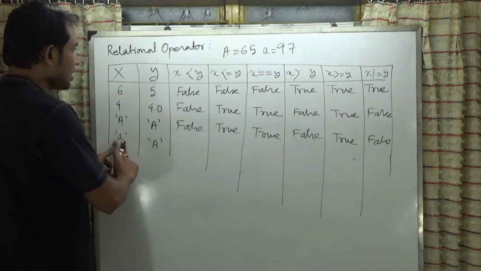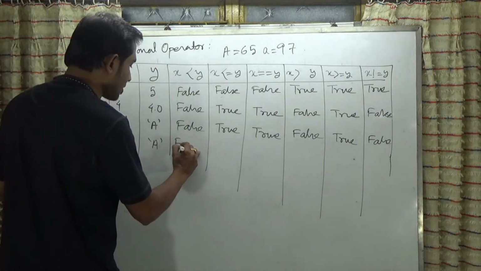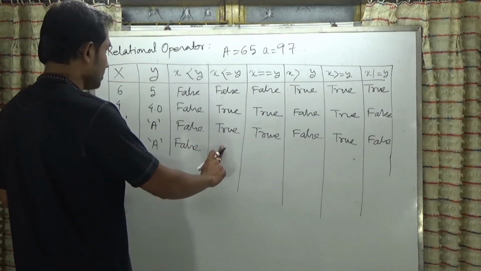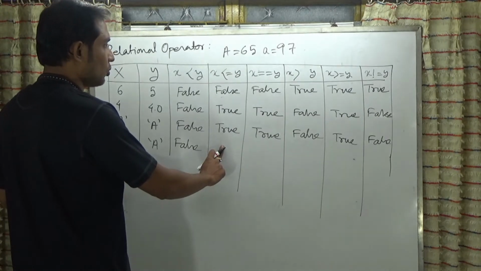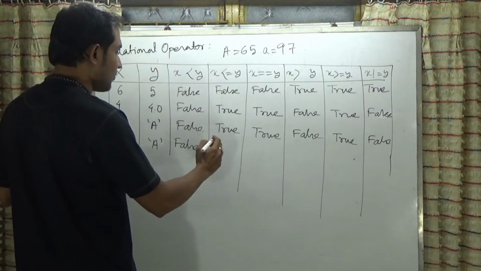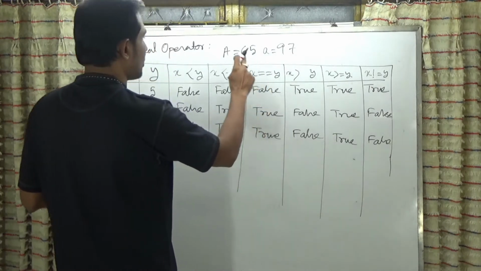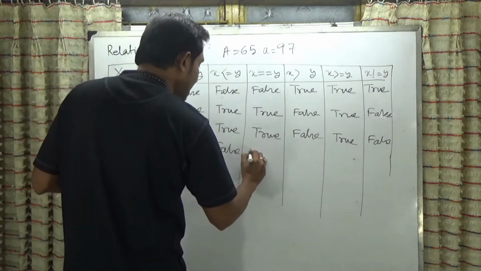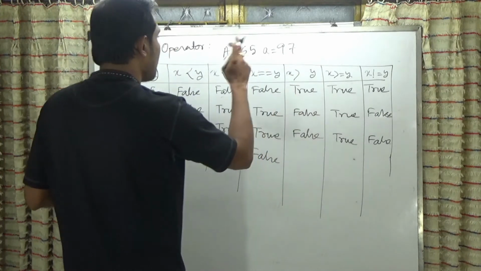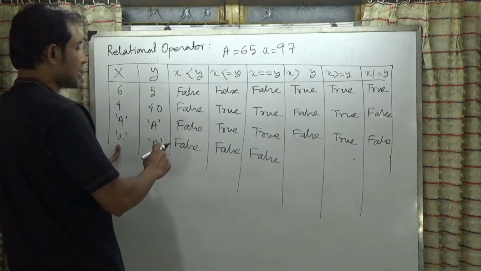Now 97 is less than 65, no, completely wrong, so it returns false. And 97 is less than or equal to 65, no, it is completely wrong, and also it's not equal to 65, so it is also false. Now 97 equals 65, no, again it is false. x greater than y means the value of small a, which is 97, is greater than 65.